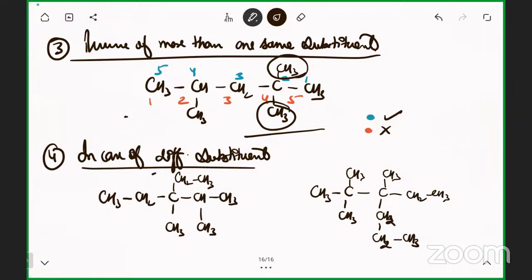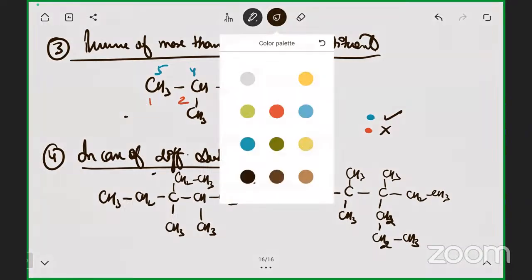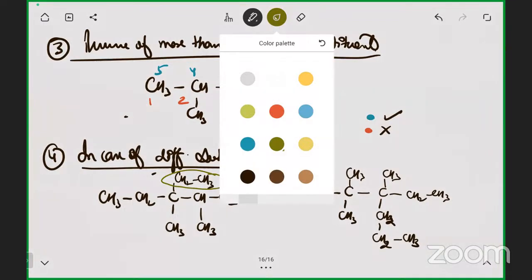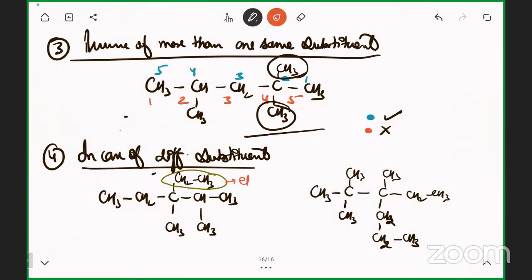Okay. First of all, let's discuss the first case. Any idea? See, this one is ethyl, this one and this one are methyl, and this is the main chain.